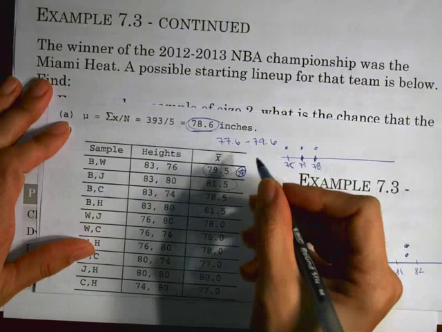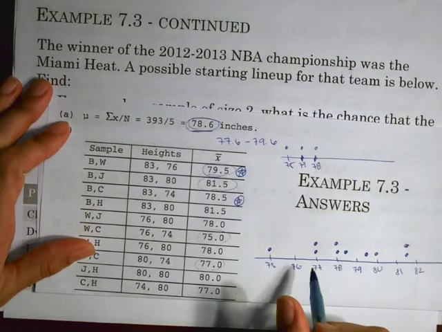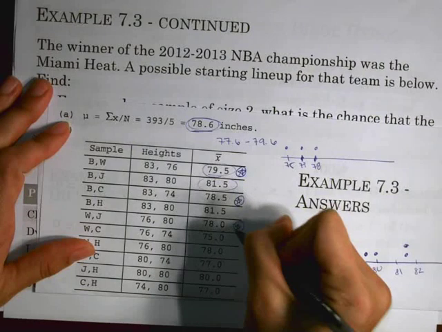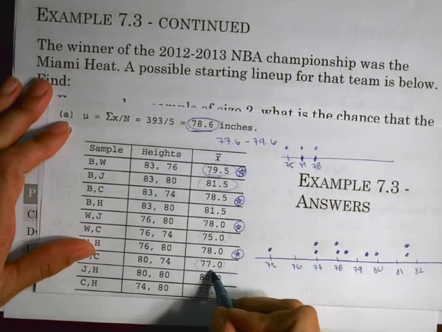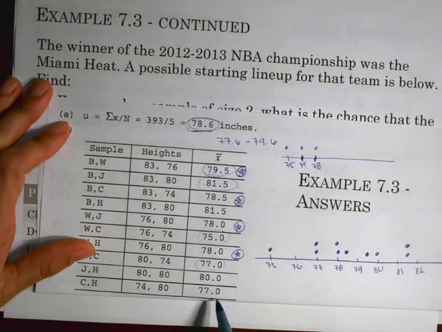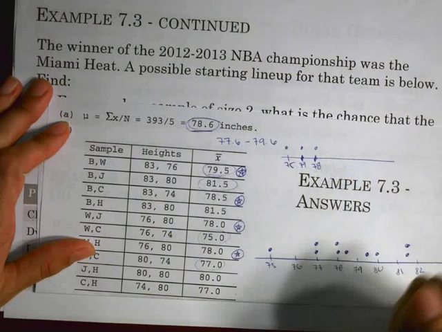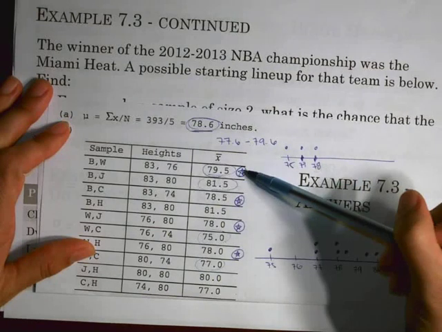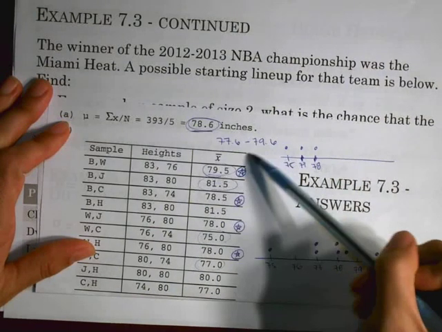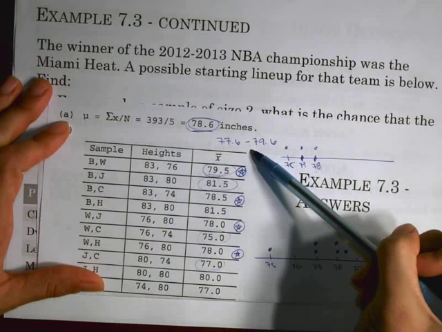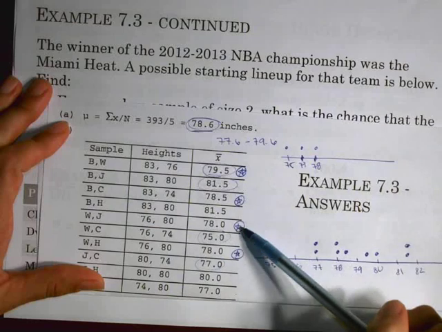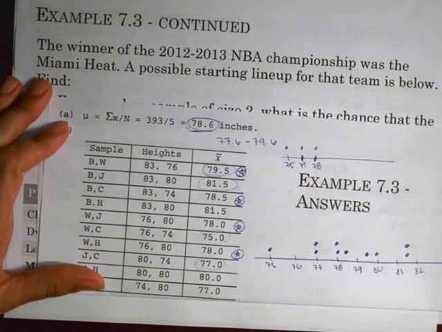So there's one. I guess I should put a star. There's another one. There's another one. 78 is good. 77 is not good. 80 and 77 is not good. So if I randomly picked one of these samples, 4 of them fall within this range that's within 1 inch of the true population mean.